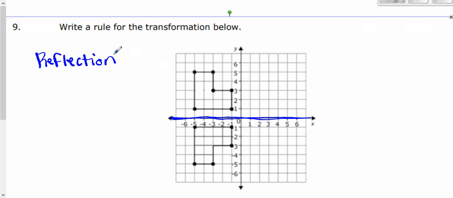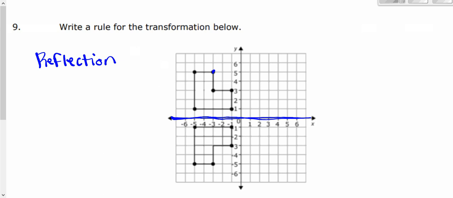So writing this as a rule, I'm going to take a point. I'm going to take this point right here. Actually, I try to take a point where the numbers are different for X and Y. And here I have -3 and 3, which sometimes can be confusing.